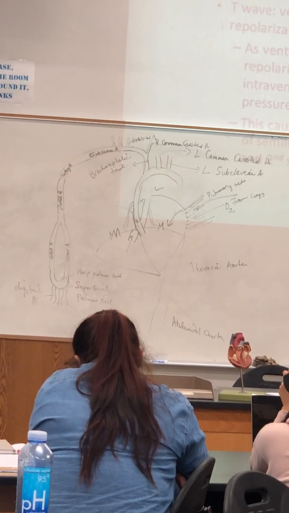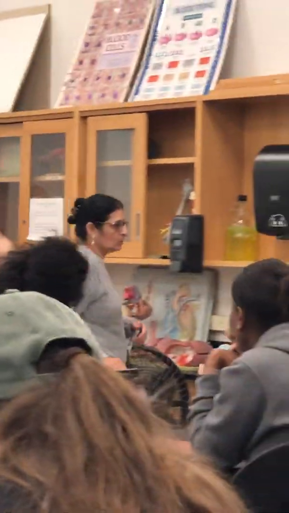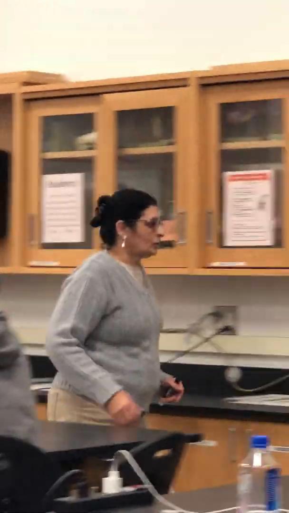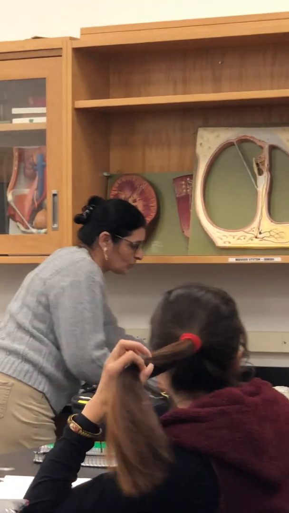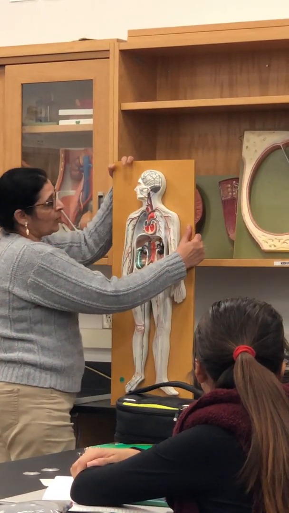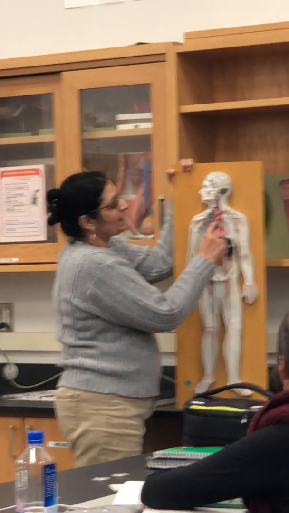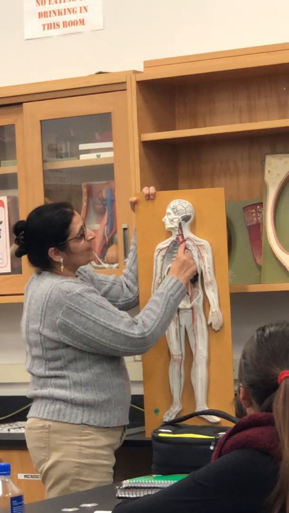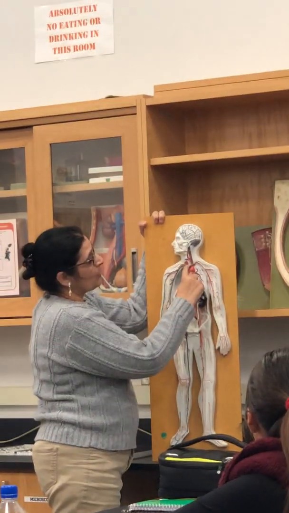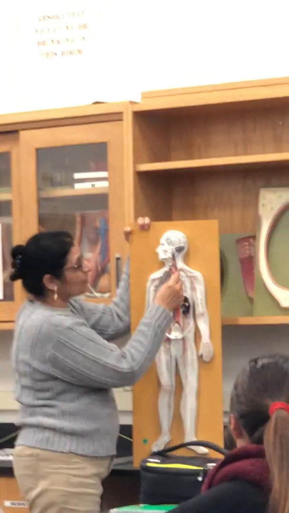If you look at this, they are small branches, but I'm going over the major branches. Here you see the ascending aorta. This is the aortic arch, and you have these 3 branches. This is the brachiocephalic trunk.